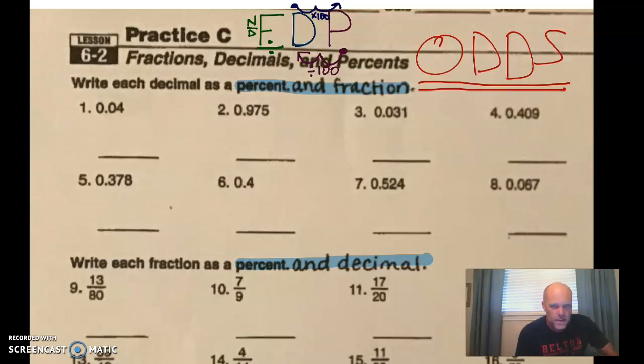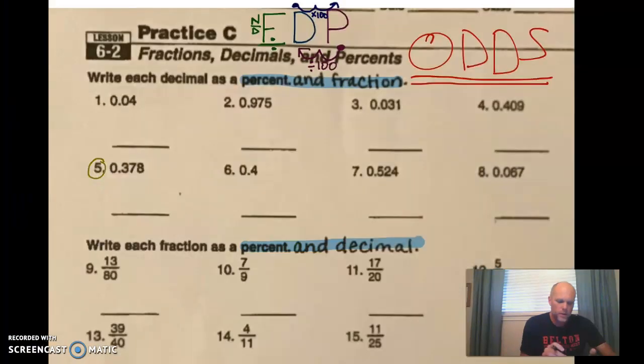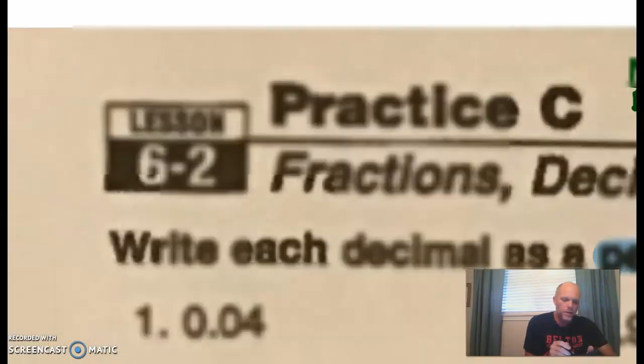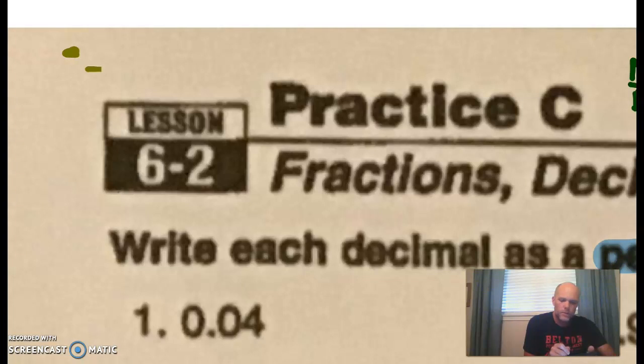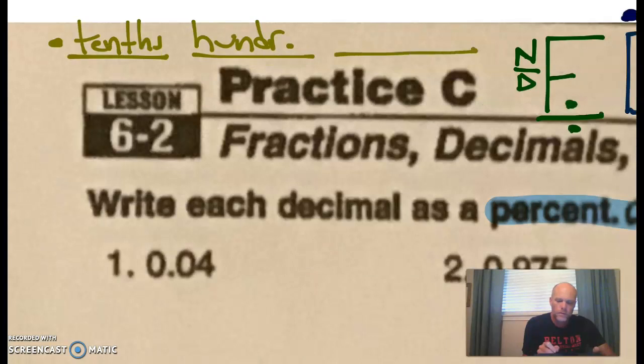Notice that it doesn't say to simplify it, so we're not going to worry about simplifying it right now. We'll worry about that later on. Alright, so number 5. If you know your place values as far as decimals go, as you should, after the decimal we have tenths, then hundredths, then thousandths.